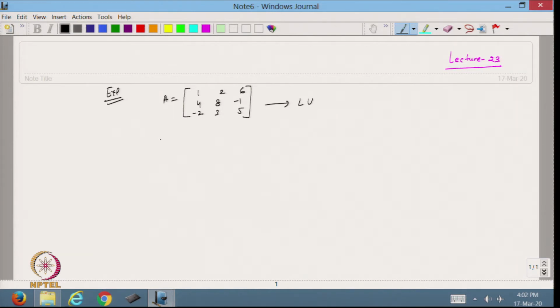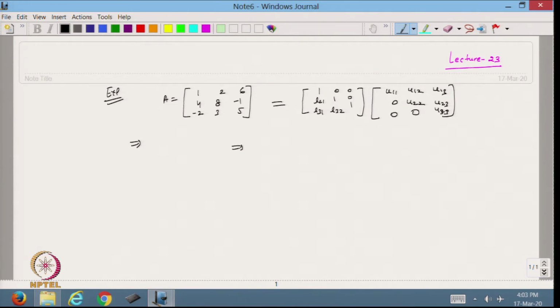In this case I will take my L equal to 1, 1, 1 on the diagonal, with L 2 1, L 3 1, L 3 2, into U 1 1, U 1 2, U 1 3 and U 2 2, U 3 3 and U 2 3.